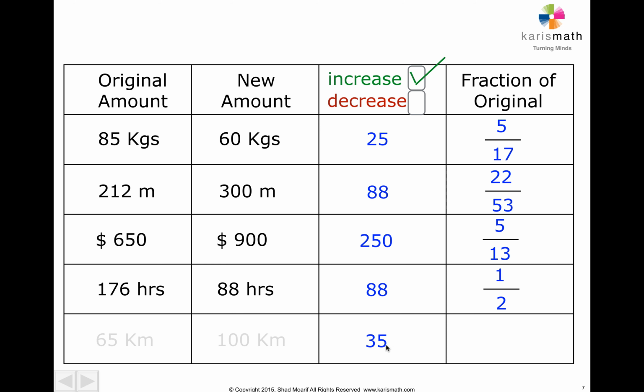And 35 is the difference, the amount by which it was increased. And by what fraction of the original? 35 over 65. And that comes to, what's the answer? 7/13. The reduced amount is 7/13, and that's the answer.